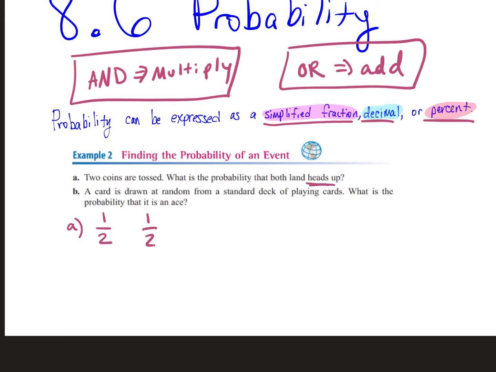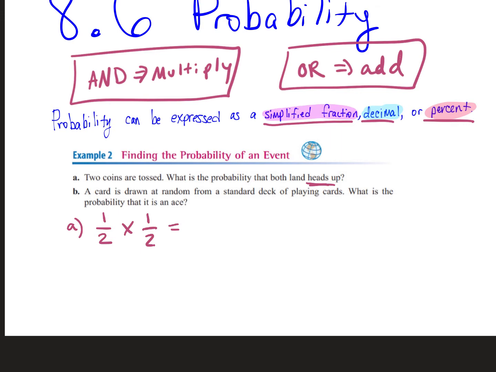So we're tossing two coins. Do we flip one coin and flip the other coin, or flip one coin or flip the other coin? Is it "and" or "or" here? And. We flip one coin and flip the other one. So this means we need to multiply.